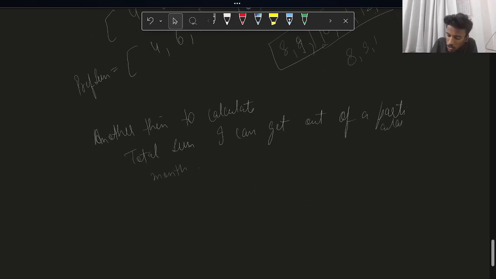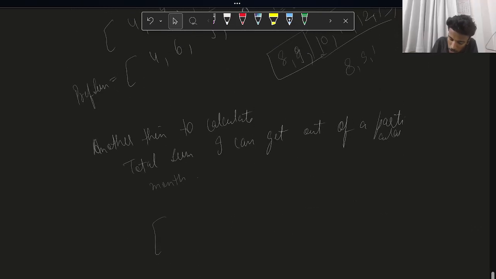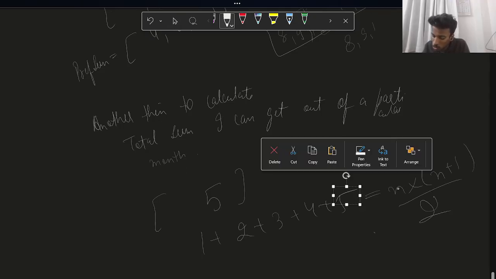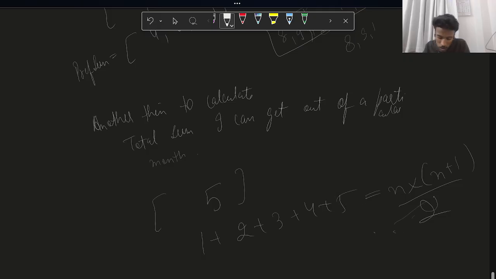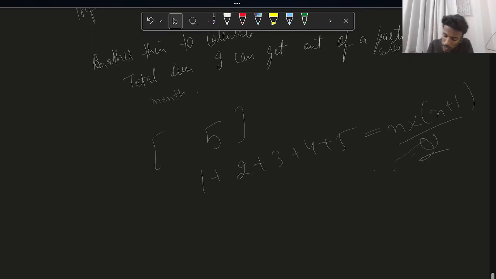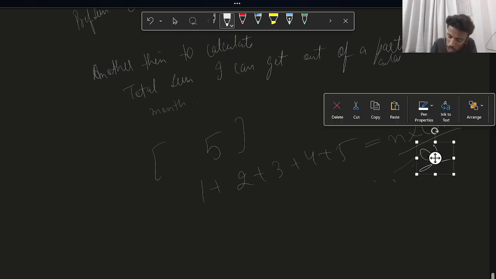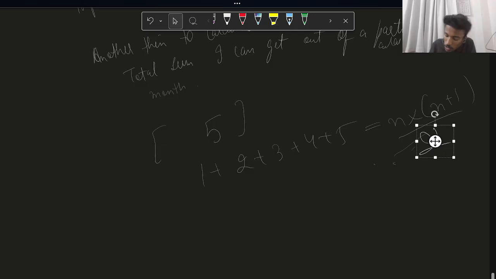From a particular month, how much sum can I totally get? Suppose a month has 5 days, so how much total sum can it generate? 1 plus 2 plus 3 plus 4 plus 5, if I visit it fully. You can simply say it is n into n plus 1 by 2. I hope you know this formula, the sum of an arithmetic progression. So for each month, you can calculate the total sum it can give by using this formula.